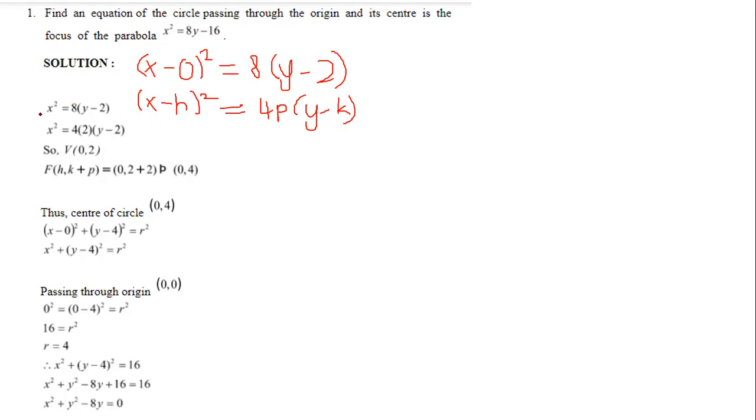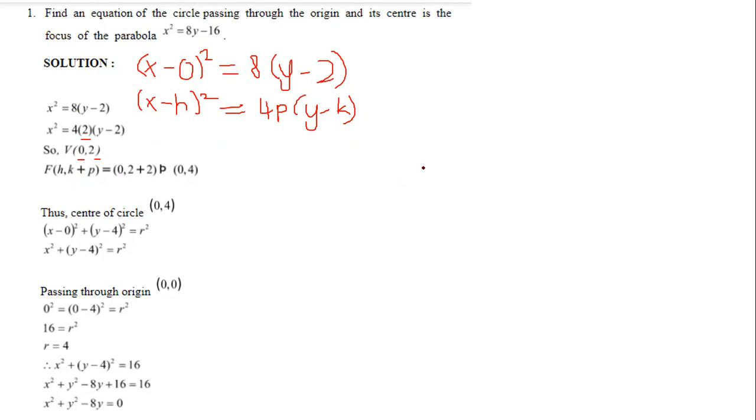So you can see here that p equals 2, and we know the vertex is at 0, 2, because h and k are the vertex. h is the x-axis, k is the y-axis, so 0, 2 can be copied from there. Then the focus, we know k plus p, so it's 0, 2 plus 2. Therefore, the focus is at 0, 4.